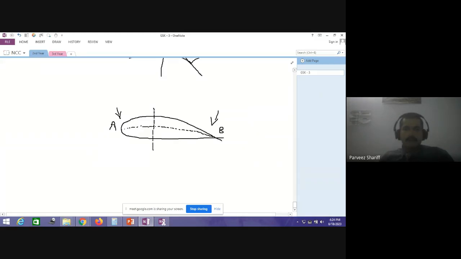And the wing looks like this when you look at the cross section. A line which equally divides the upper and lower wing, we call the camber line.